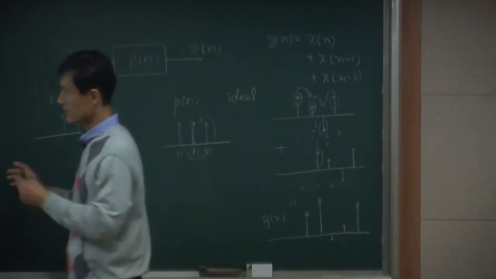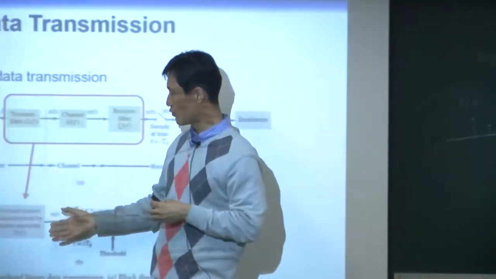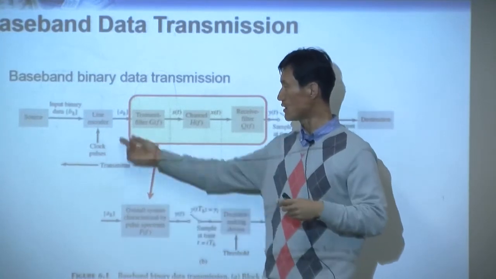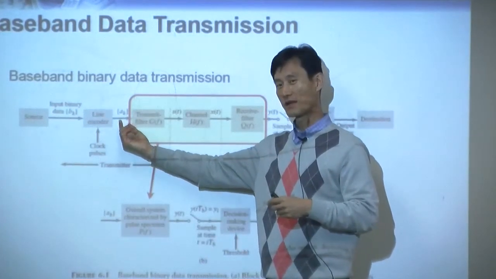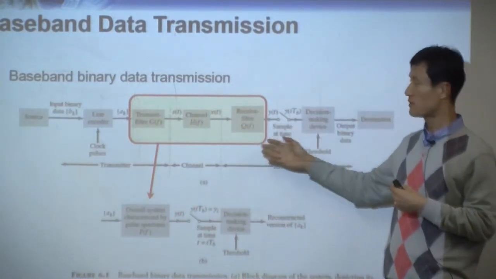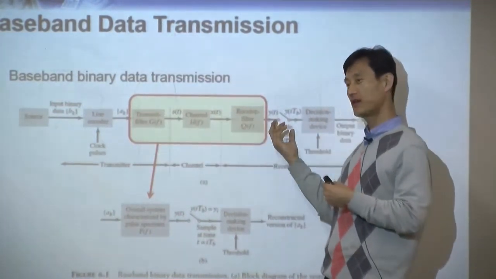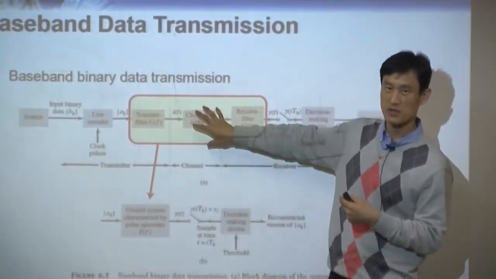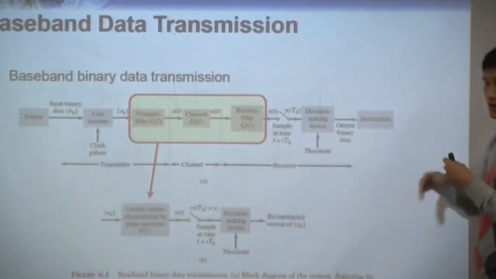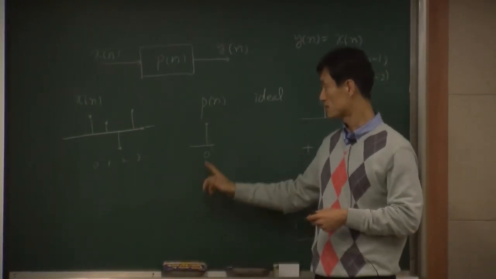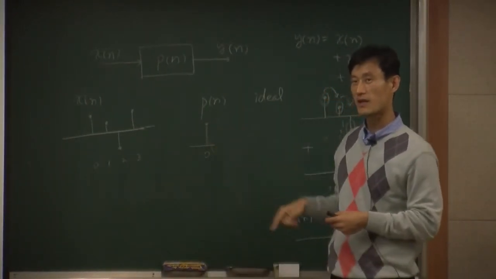Intersymbol interference is bad. Ideally speaking, we don't want to have intersymbol interference. What we want is we have xn as an input, we get yn as an output, and hopefully yn is the same as xn. In order to get the output yn to be the same as xn, we should not have intersymbol interference. Or in other words, we want to have this impulse response. Just one tap, right?